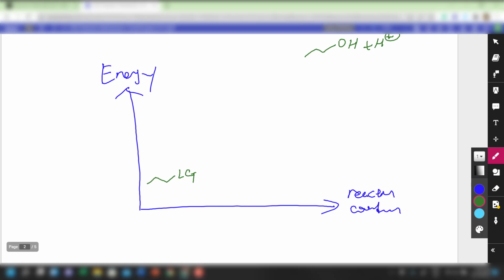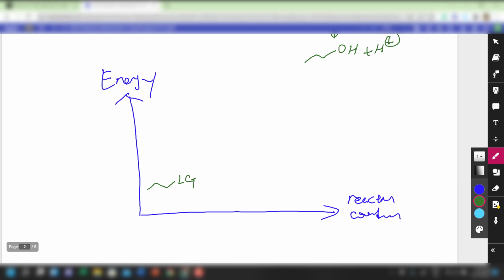Then if I allow nucleophilic substitution to take place with, let's say, the iodo, it will probably look something like this. So the profile diagram will go up and then it will come down like this. So this is the one where I'm going to get iodo here plus the leaving group.